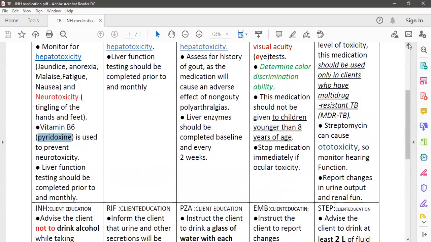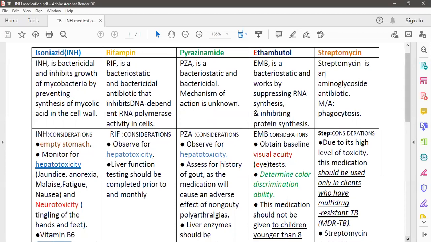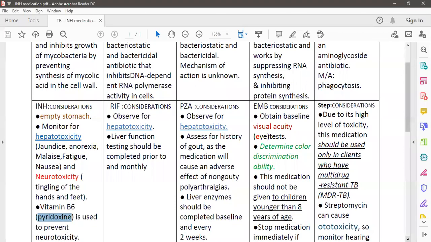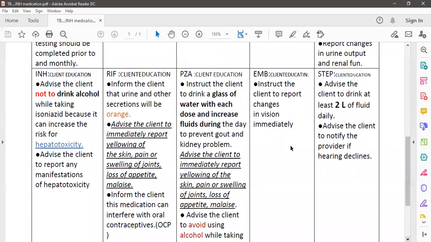What next? Next is rifampin. Like isoniazid, rifampin also causes hepatotoxicity, and again the signs and symptoms of hepatotoxicity are important: jaundice, anorexia, malaise, and nausea. What client education?